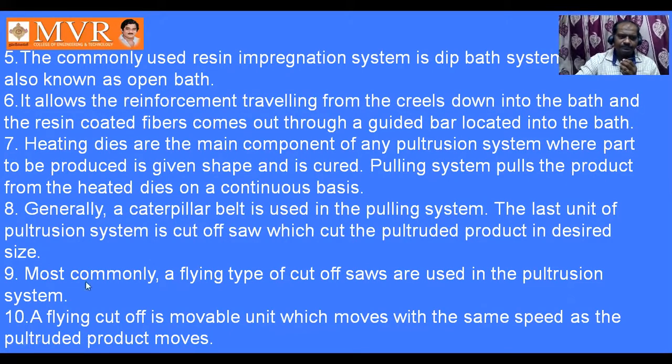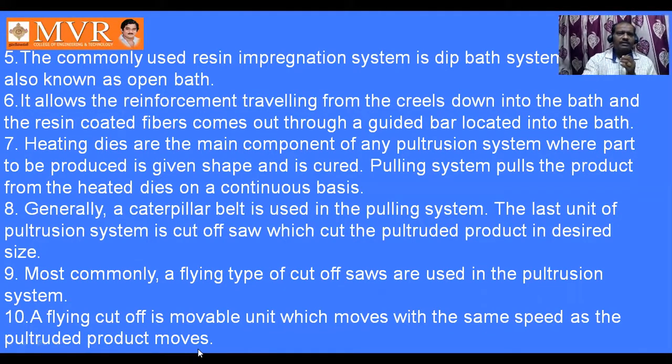So we cut the material that is coming from the pulling die, and the cutting is done by the flying type of cut-off saw, which is suitable because it moves along with the pulled product.